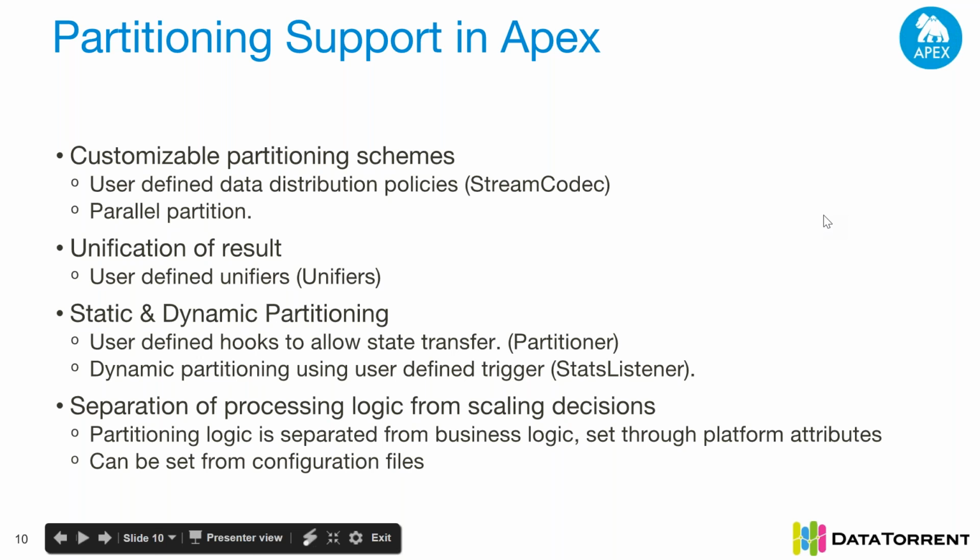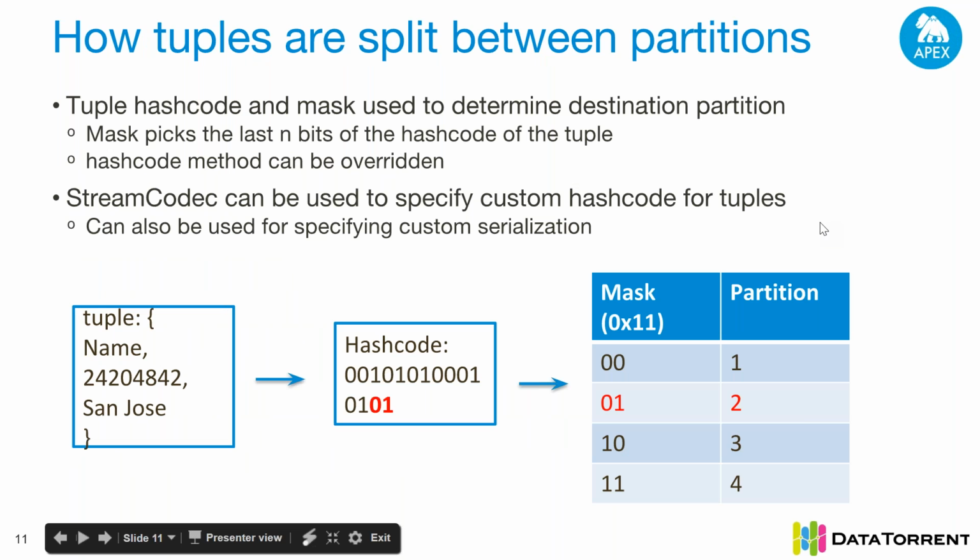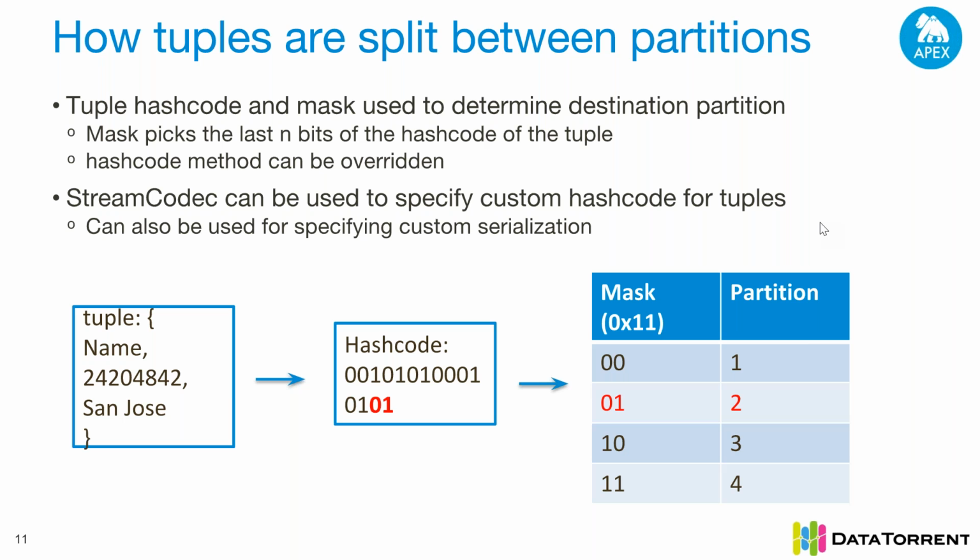So we'll go to the next slide. This will explain better how the stream can be split into various tuples. The tuple is basically a single atomic unit of your data which flows through your processing pipeline, or you can say DAG.